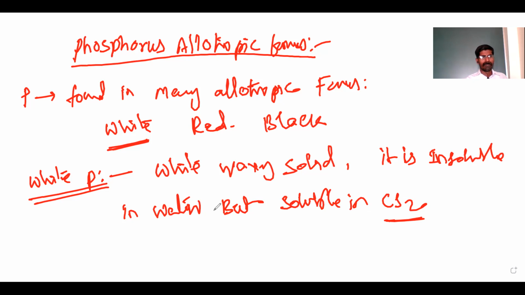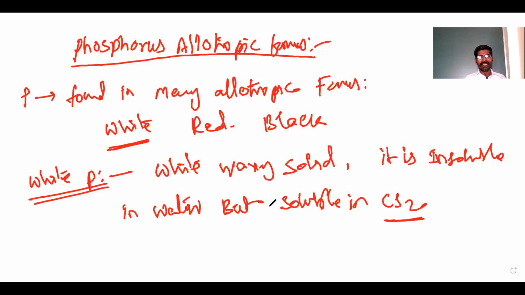So the first property is that white phosphorus is a white waxy solid, and the second property is that it is insoluble in water but soluble in carbon disulfide.